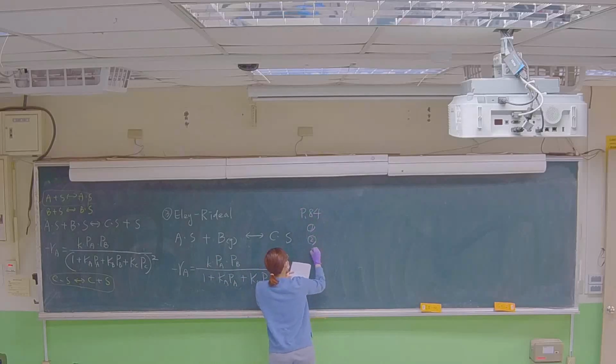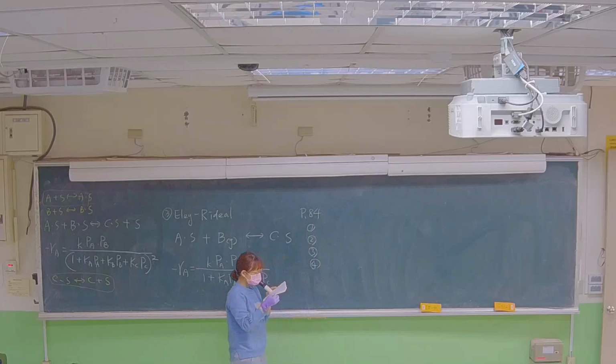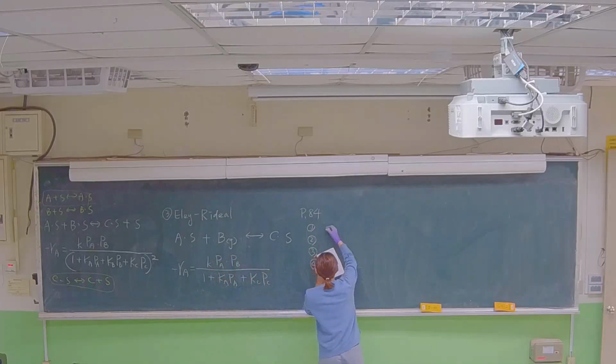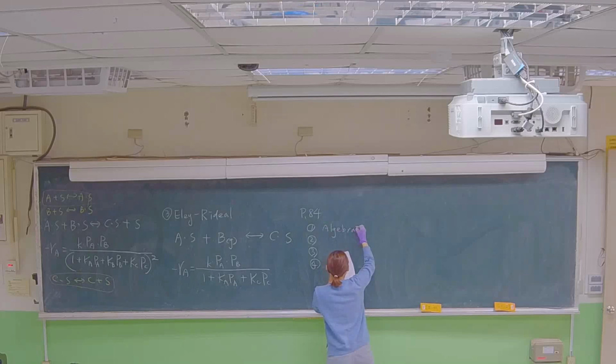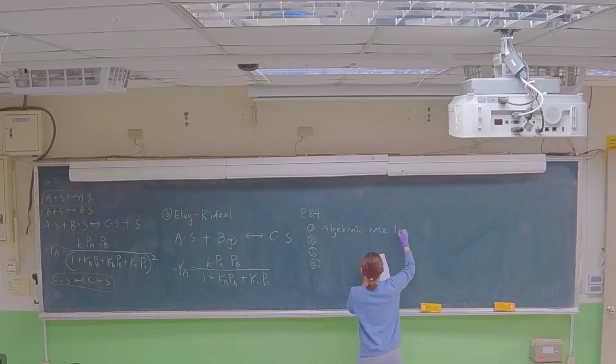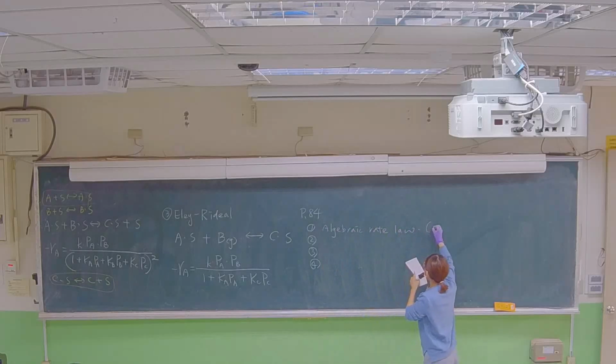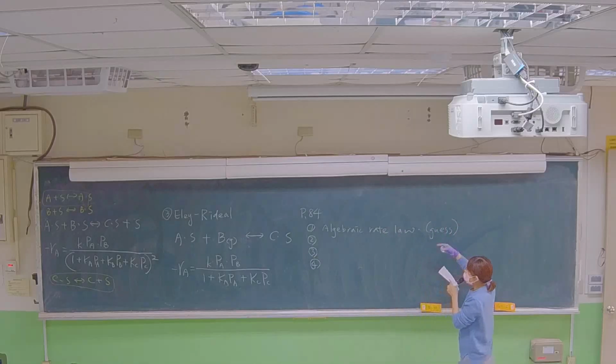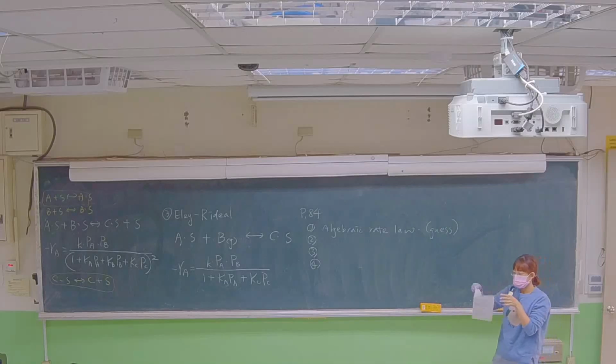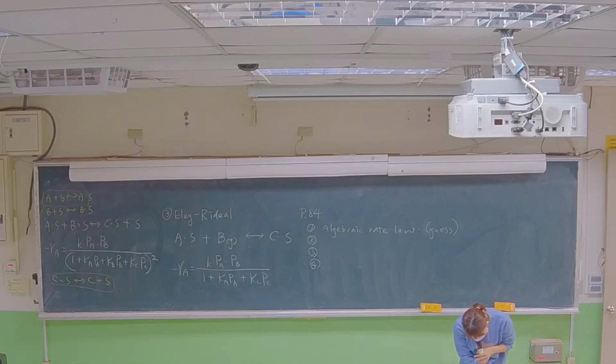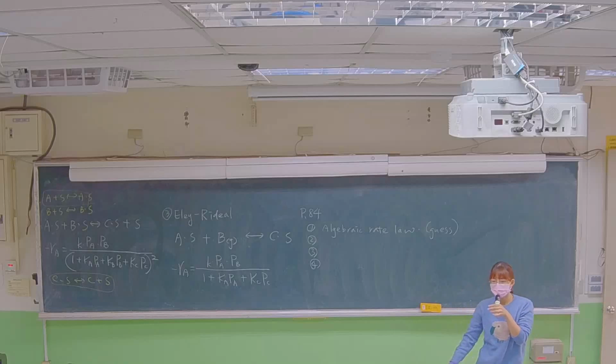You have 4 steps. The first one, you have to observe the experimental data and derive or gauge a rate law. You gauge a rate law from the experimental data. So maybe you can go to slide 86. There is a table, right?